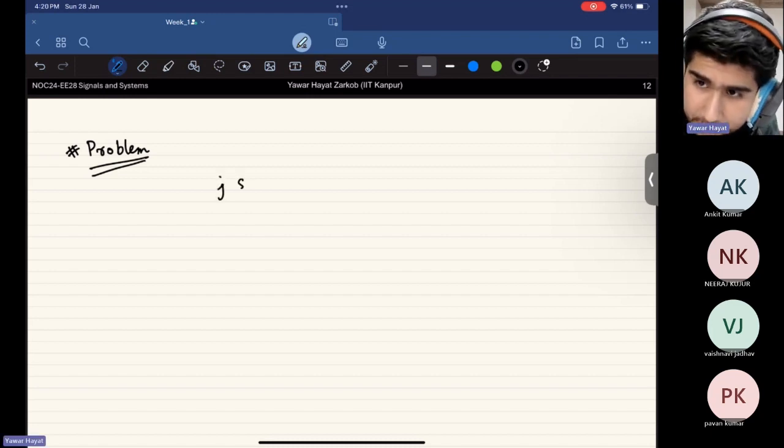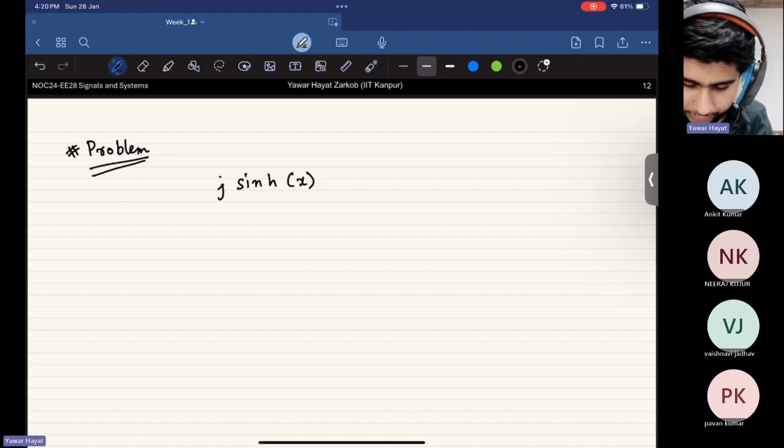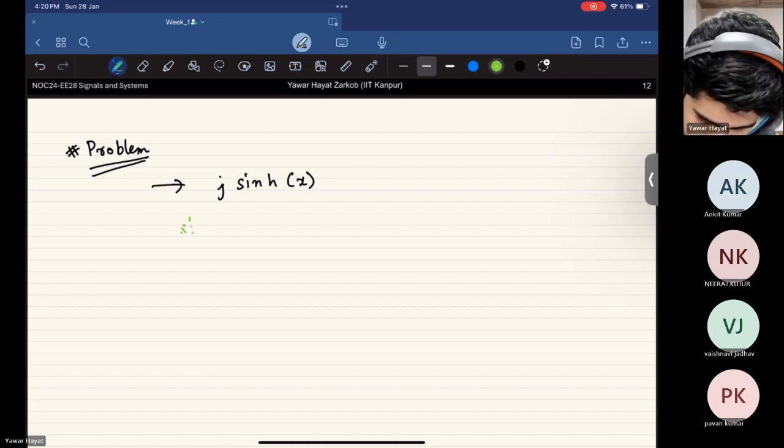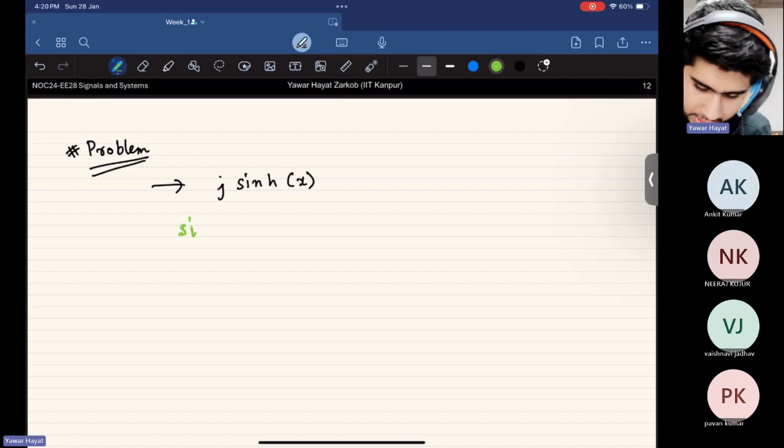J times sine hyperbolic of x. What is the value of this one, right? The options are: I had this in my slides, but somehow this one got deleted.